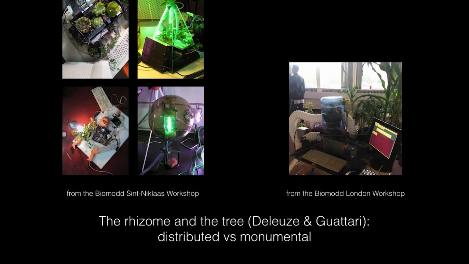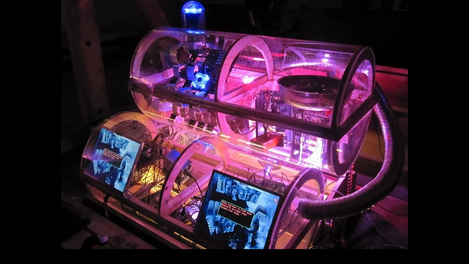We've also done a smaller workshop, so here you'll see some versions of mini Biomods that were done in Belgium and in London. And in these ones, you'll see kind of tiny Biomods, and you can connect all of these tiny Biomods together. So it kind of imbibes more of that idea of the rhizome. In fact, what you're seeing here is the latest version of Biomodd, which we did in Mechelen in Belgium.